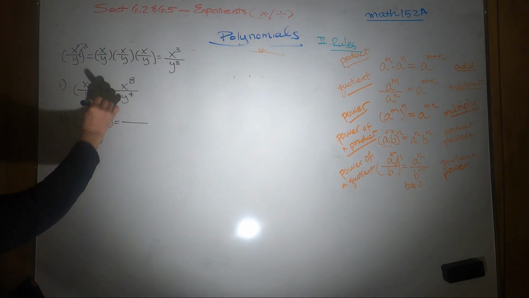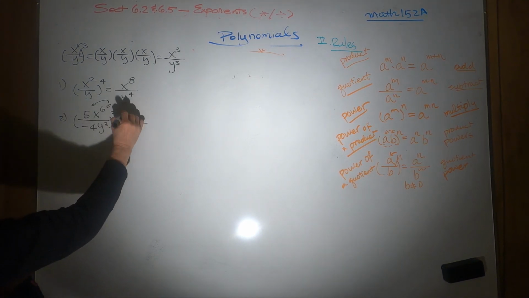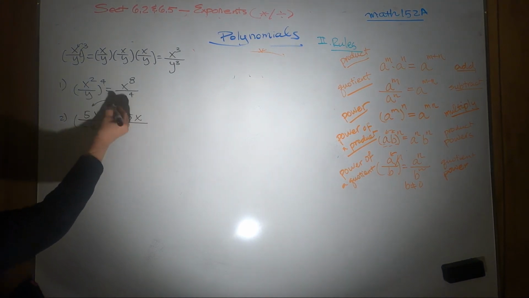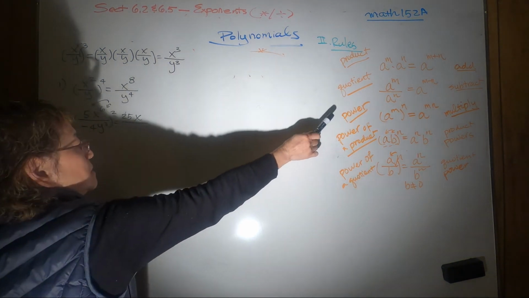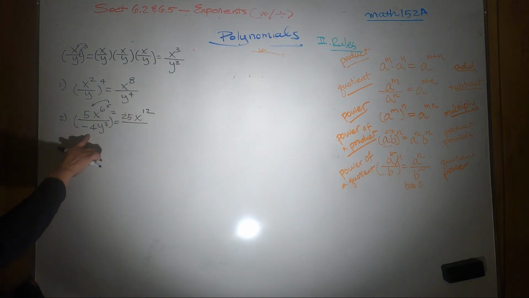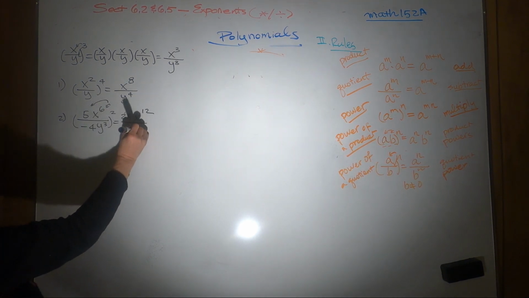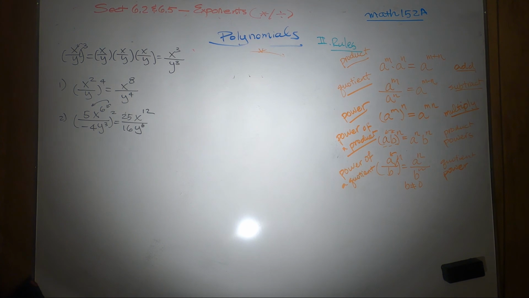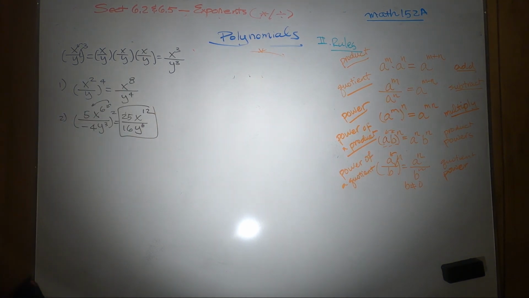Then your 2nd power needs to apply to every one of them. 5 squared, 25, x⁶ to the 2nd power, power on power, power property. So that's x¹². And negative 4 twice, 16, y third to the square, y⁶. Right?